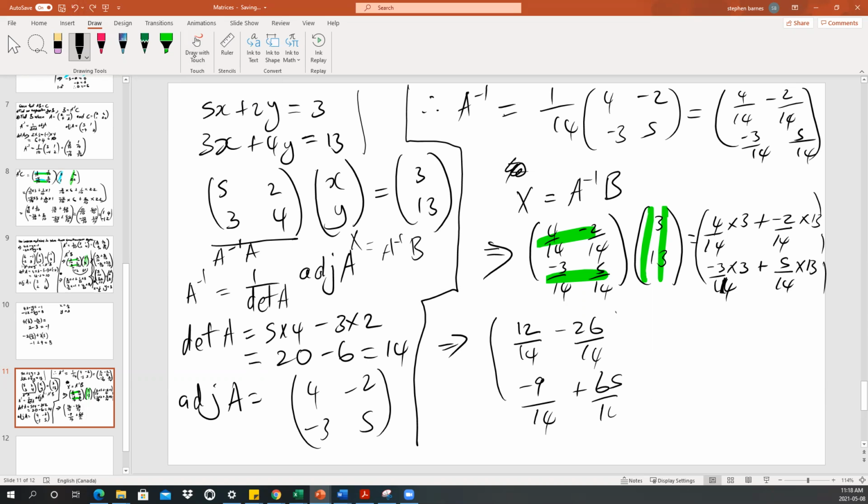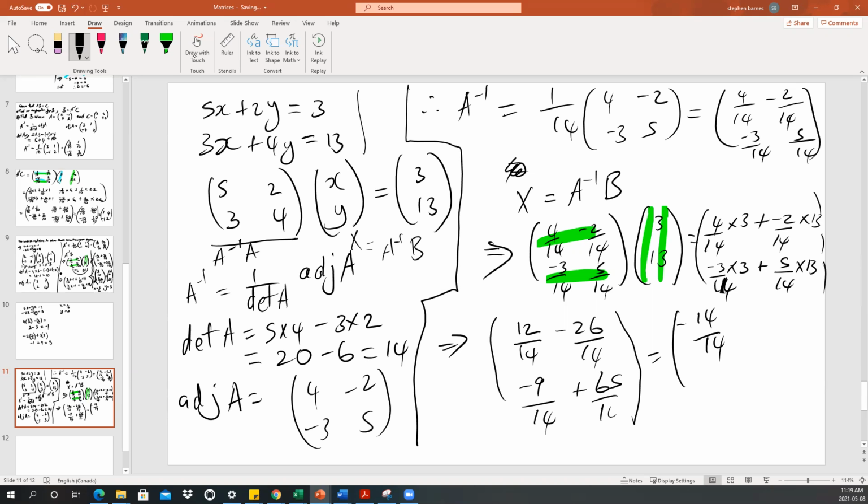So we'll simplify now. This becomes negative 14 over 14.